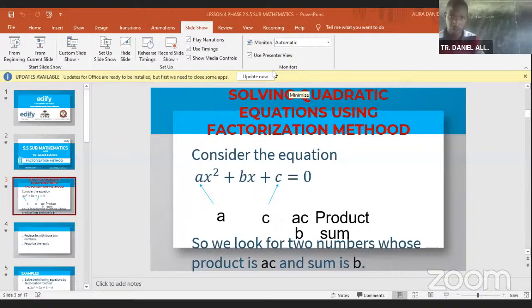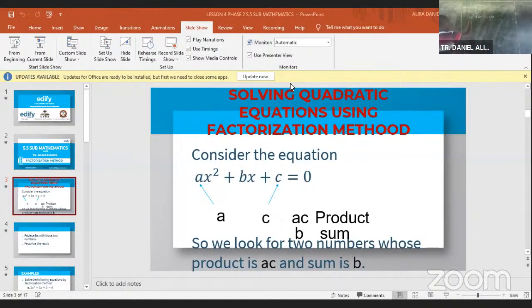Okay, you're saying yes. So if you consider the quadratic equation ax squared plus bx plus c equals 0, and we want to solve that quadratic equation using the factorization method, we do the following.